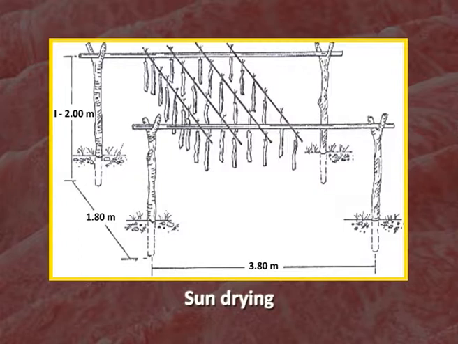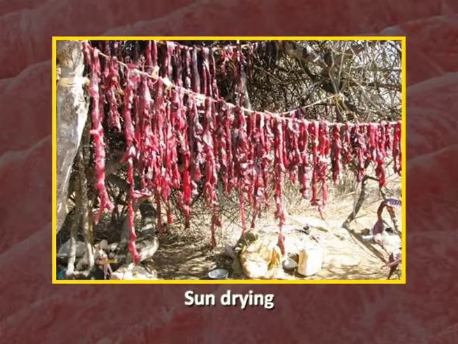The basic traditional drying method is called sun drying, characterized by direct solar radiation and natural air circulation on the product. The sun drying method is known to have certain disadvantages, such as exposure to contamination from sources such as dirt, wind, rain, insects, rodents, and birds.